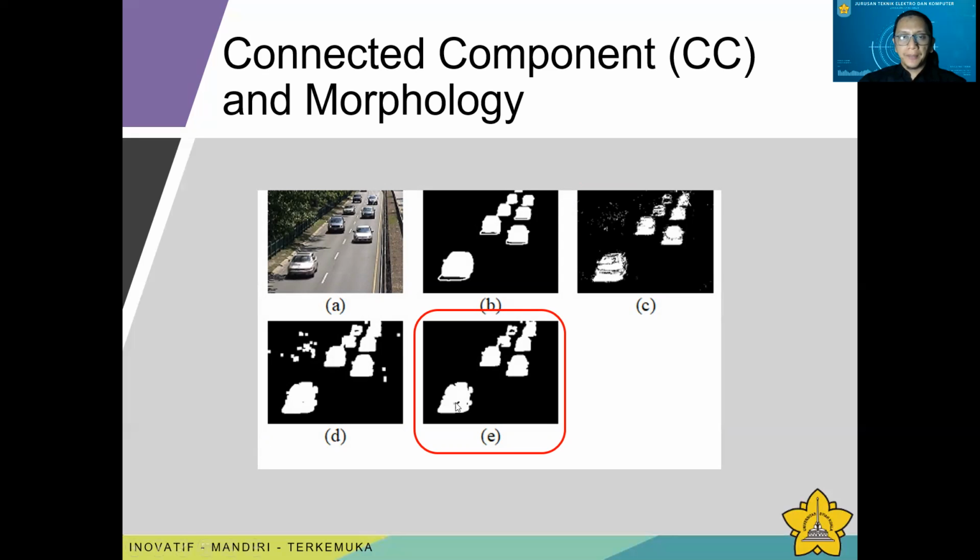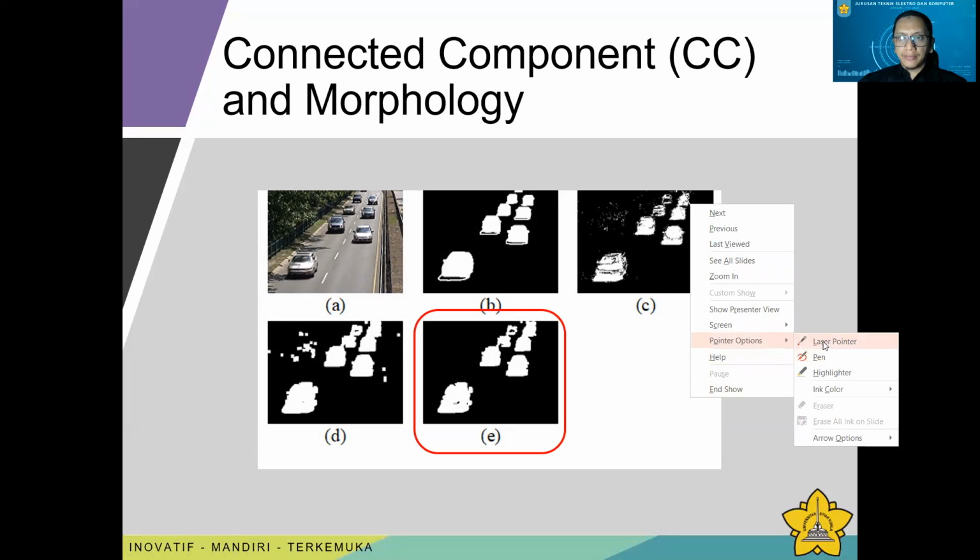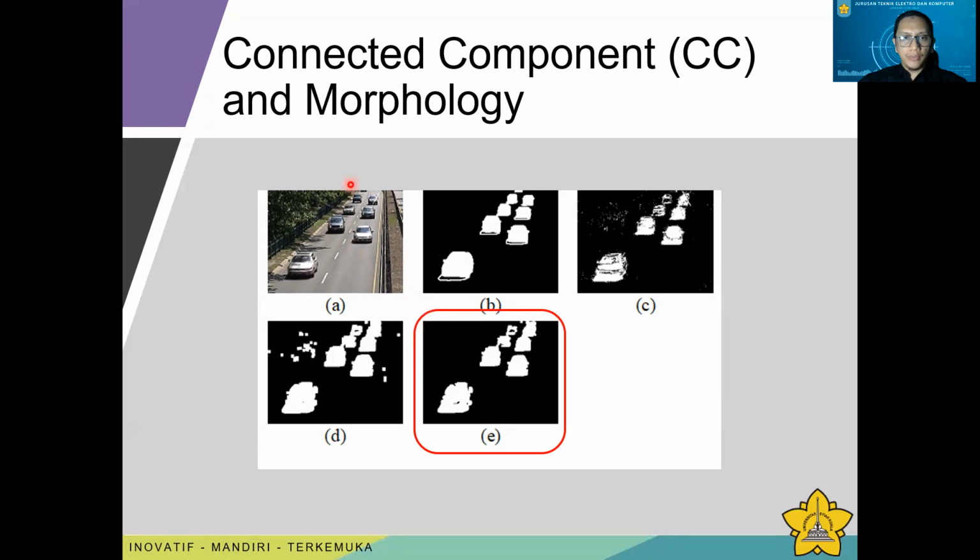As we can see, the region of the moving vehicles can be extracted more cleanly and accurately compared with the original Gaussian mixture model and the Gaussian mixture model with morphology.